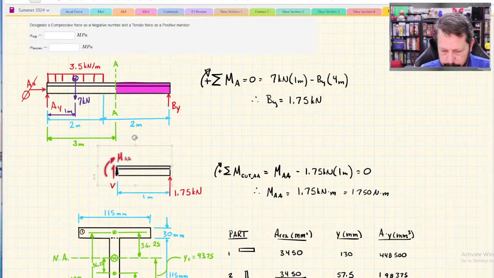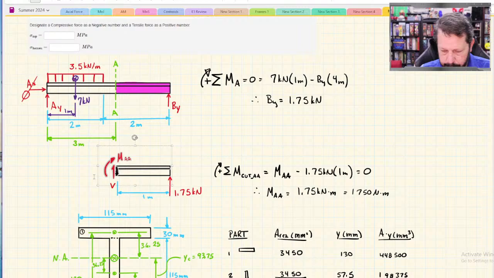They create the internal bending moment, and it tells us if the beam is bending with tension on bottom of the beam or tension on top of the beam. Clockwise moments create tension on the bottom of the beam, and counterclockwise internal moments, I should have said internal that first time, counterclockwise internal moments create tension on the top of the beam.